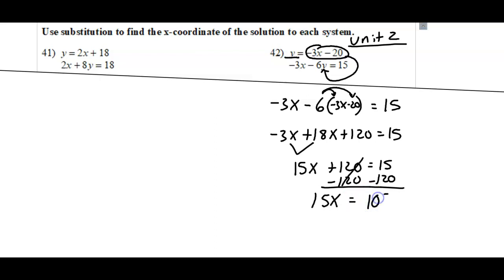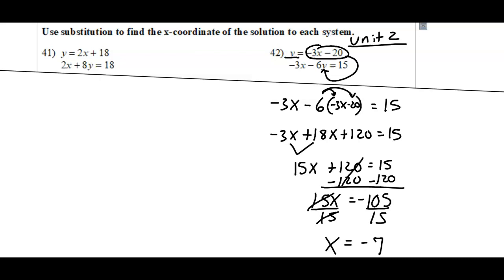And that's -105. And then we're going to divide. And what does that equal? 30, 60, 90. I'm going to say that equals -7. -7. All right.